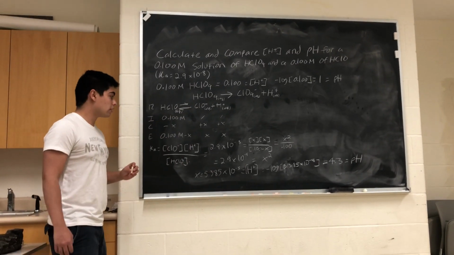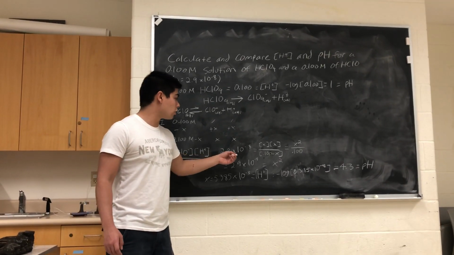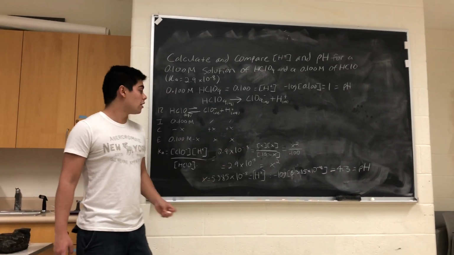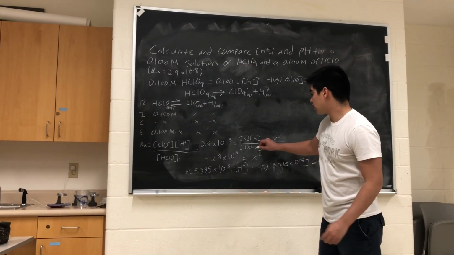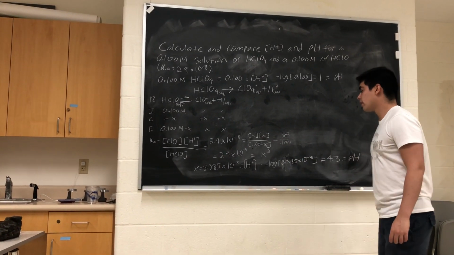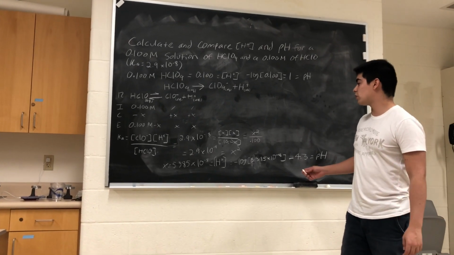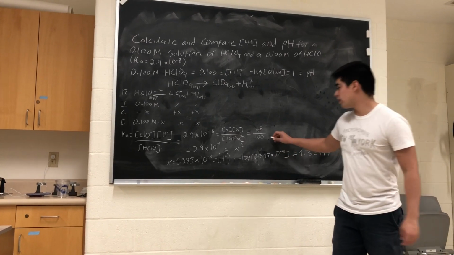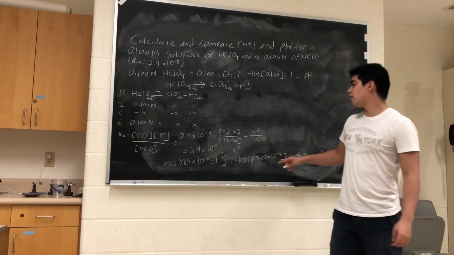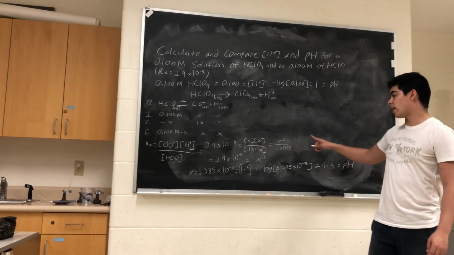However, since our Ka value is so small, it's 10 to the negative 8, we are able to take away this x value because it's insignificant. Therefore, we're able to just have x squared over 0.1 molarity. And then from there, we're going to solve for x.